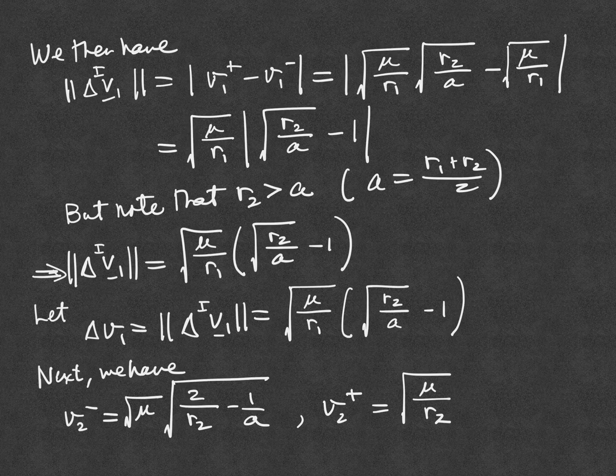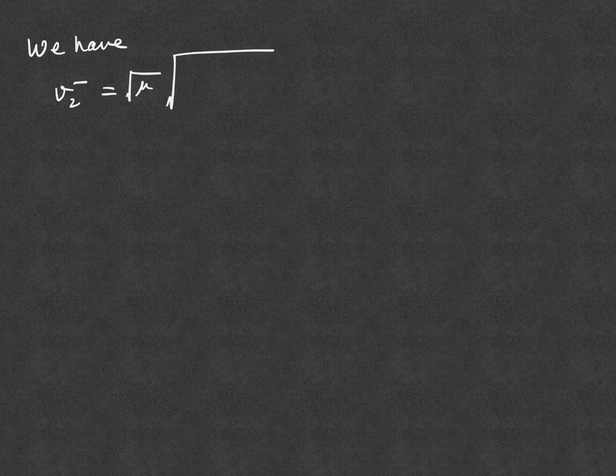So now we can apply a similar process to simplifying v2 minus as we did to simplifying v1 plus for the first impulse. So we have v2 minus is equal to the square root of mu times the square root of 2 over r2 minus 1 over a.